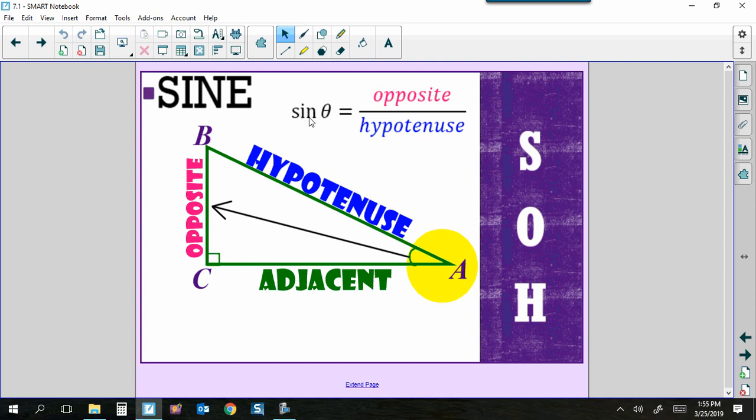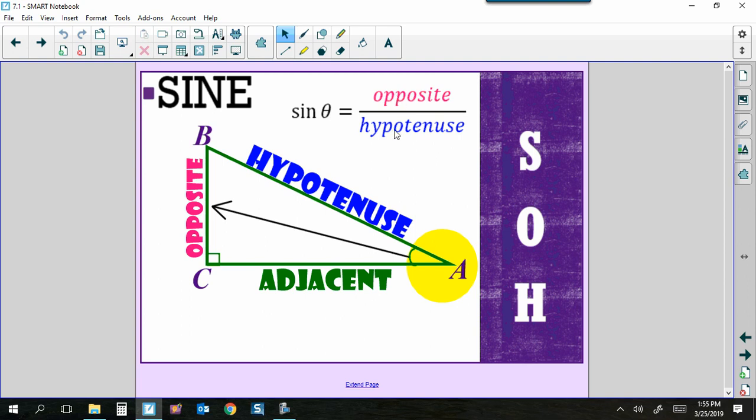So this would be read sine of angle theta is equal to the opposite side divided by the hypotenuse side. Now just keep in mind that theta is the Greek symbol that we use in place of an unknown angle measure. So think of this as your formula for sine. You're going to be substituting in what theta, opposite, and hypotenuse are.